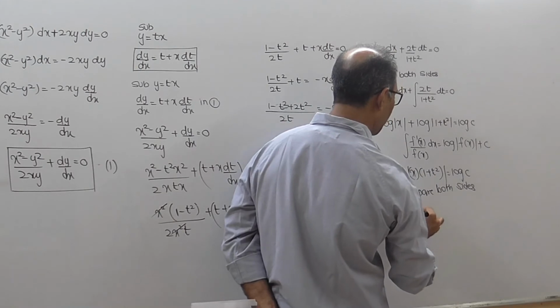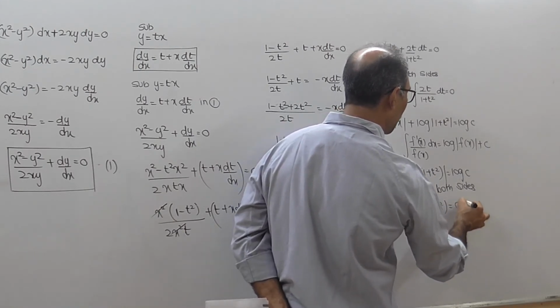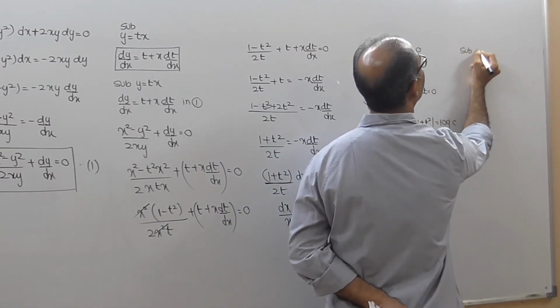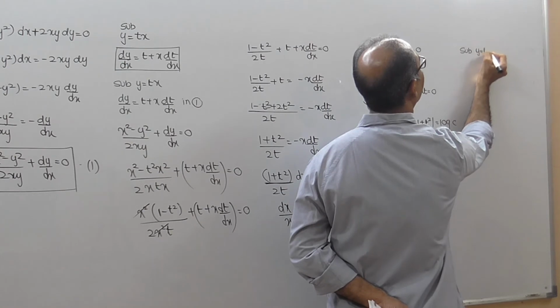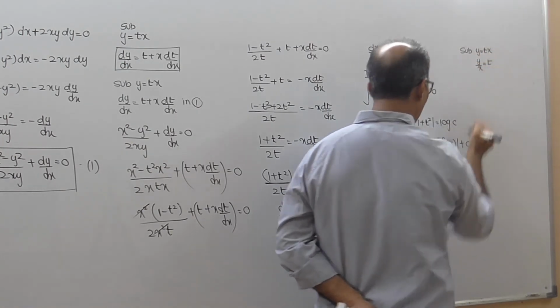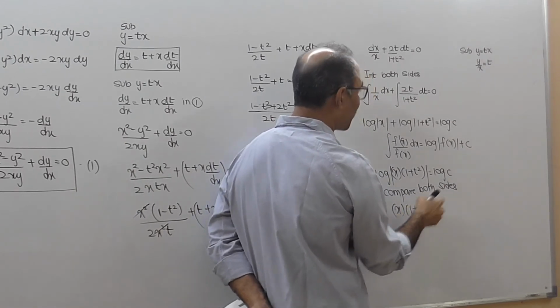If you compare both sides, you get x into 1 plus t square equal to c. Now what you do is substitute y equal to tx, but we cannot put y equal to tx, but at least we can write y upon x equal to t. So all your t terms will get converted in terms of x and y.